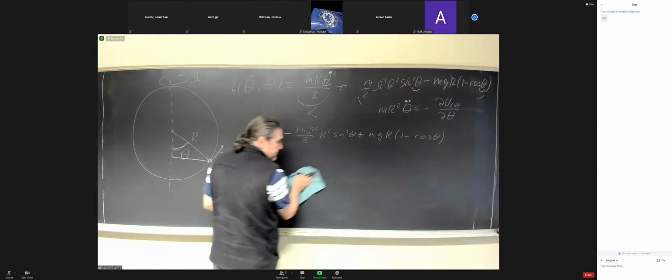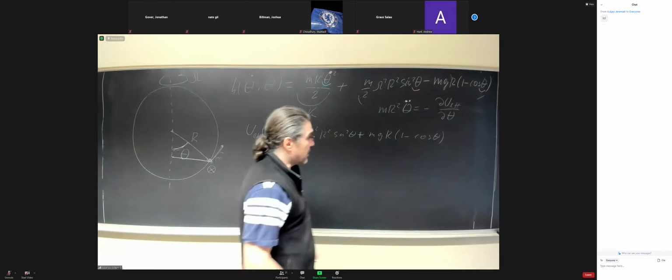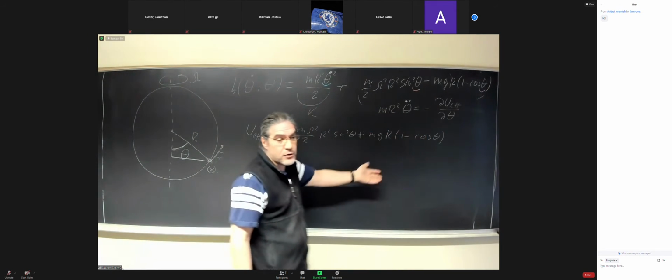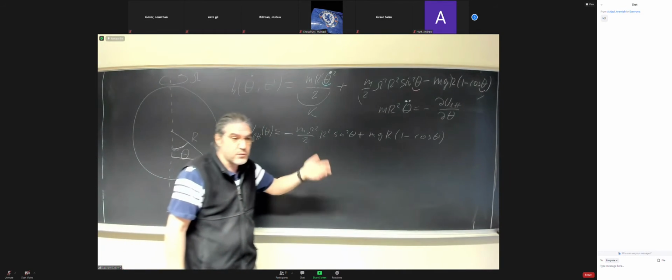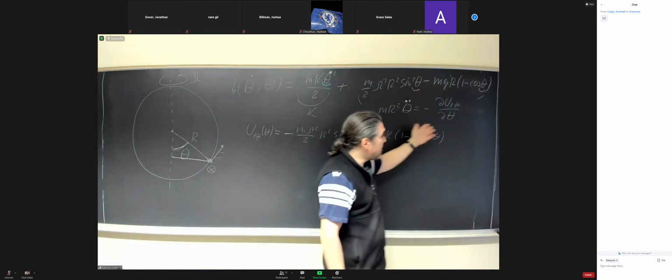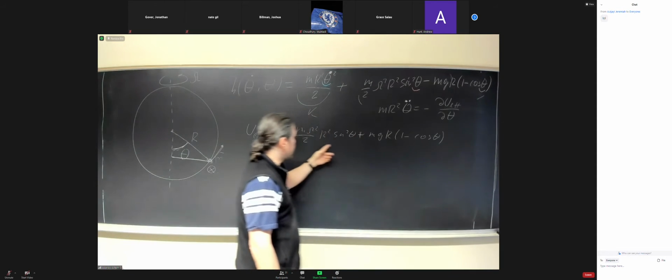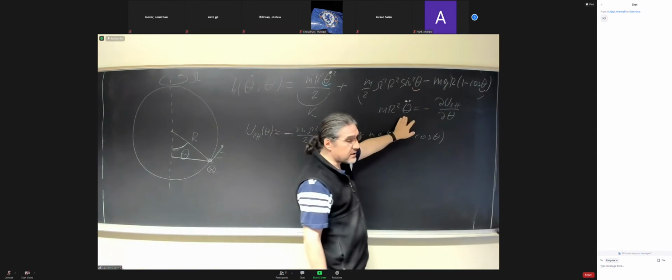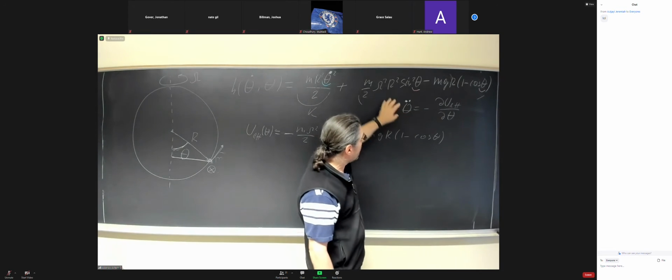Yes. Okay. So, first of all, we noticed that this is one-dimensional motion, our standard one-dimensional motion in some potential field. This is my potential. This is standard kinetic energy, and the standard is to call this mass.